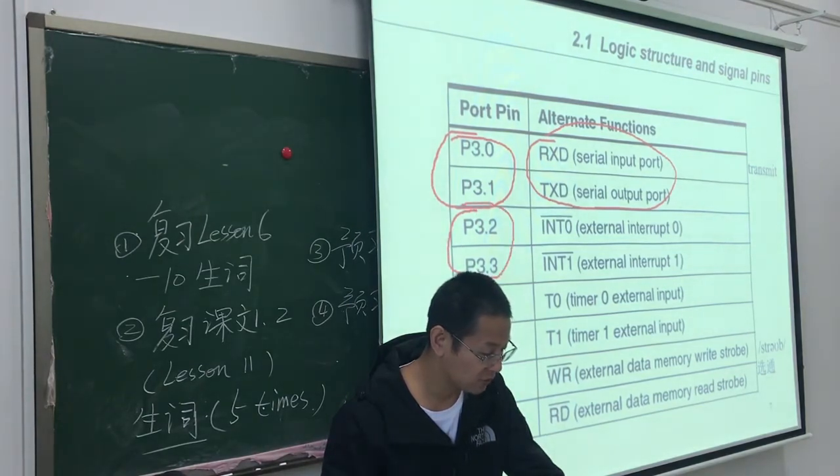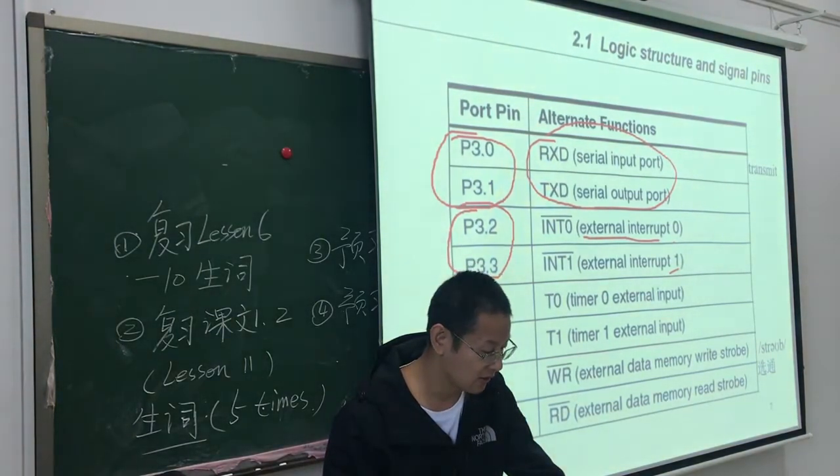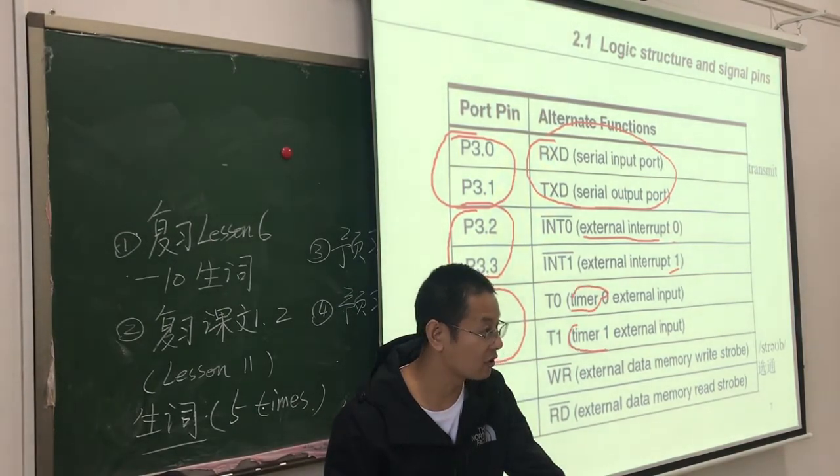Port pins 2 and 3 are for alternate interrupt 0 and interrupt 1. Port pins 4 and 5 are for timer 0 and timer 1.